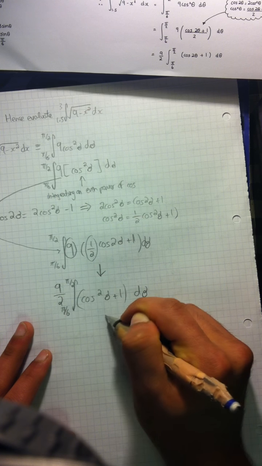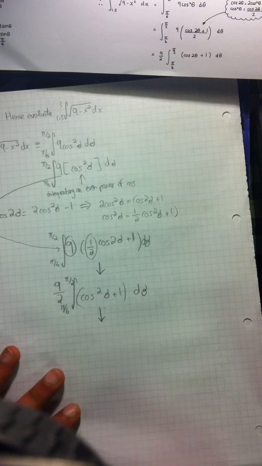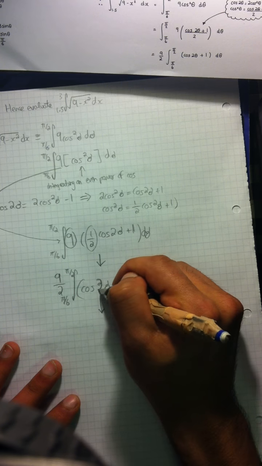So now you've simplified it into a form which you can easily integrate. Right. So integrating cos 2 theta gives you half sine 2 theta plus theta. You still have your 9 over 2 on the outside, with the limits of pi over 2 and pi over 6.